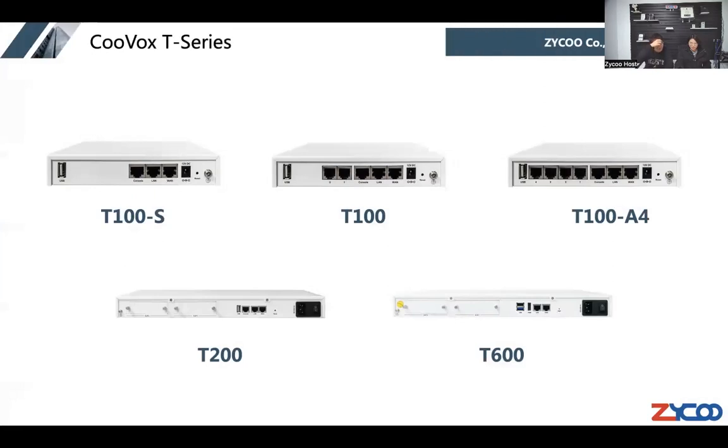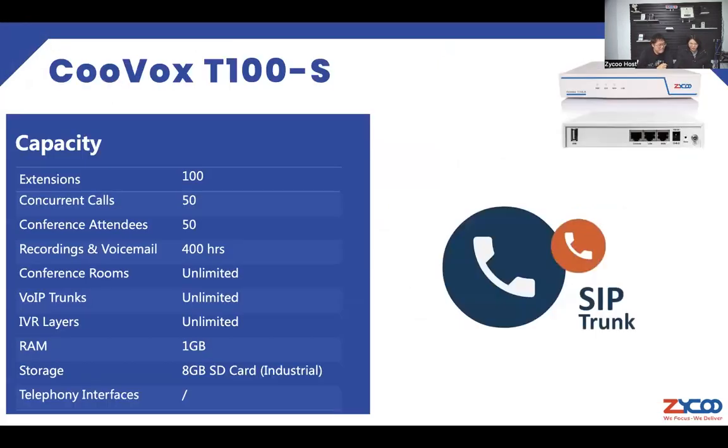Okay, and in this slide, it shows our T-series front panel and the back panel. In the next page, let me go through our COOLOS T-series. The first one is our COOLOS T100S.